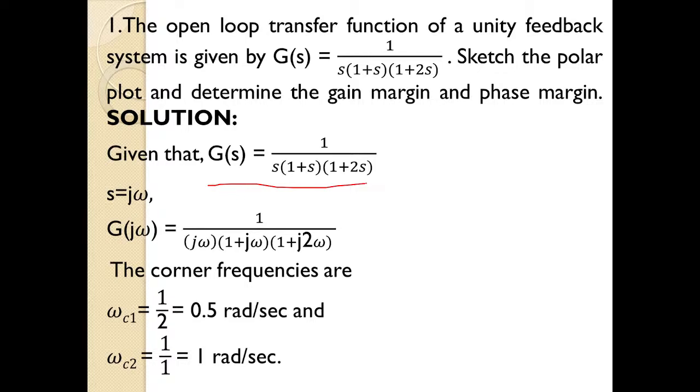Write down G of s is equal to 1 by s into (1 plus s) into (1 plus 2s). Now replace s by j omega.